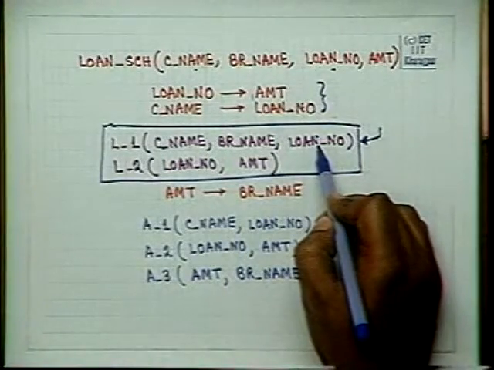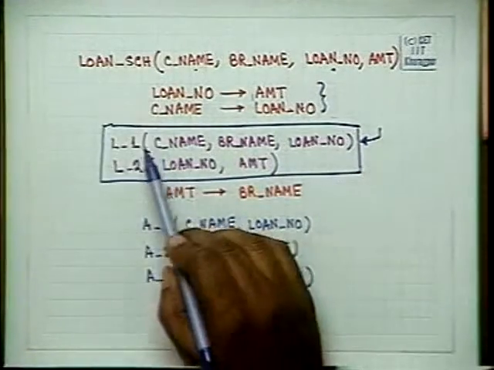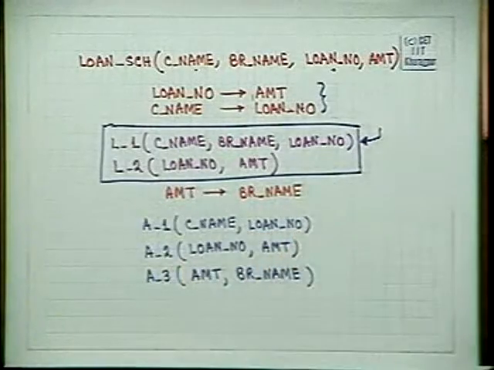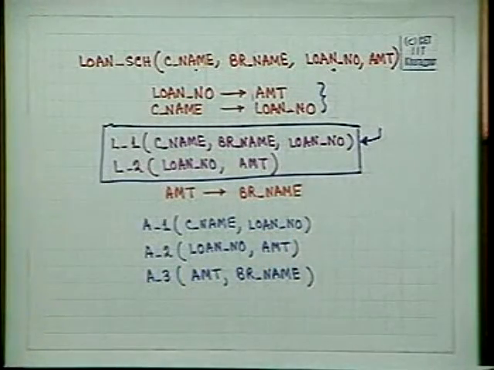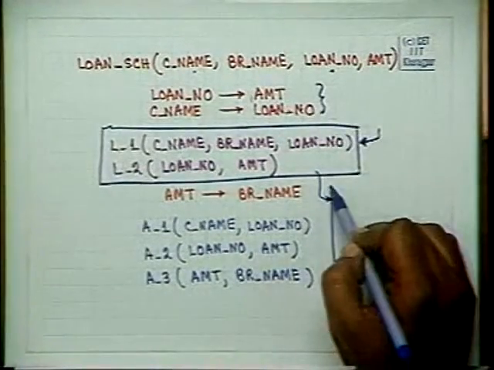So this still has redundancy, and we could have broken this L1 up into 2 parts, one with CNAME and branch name and another with CNAME and loan number. So this one would effectively be 3 relations here.